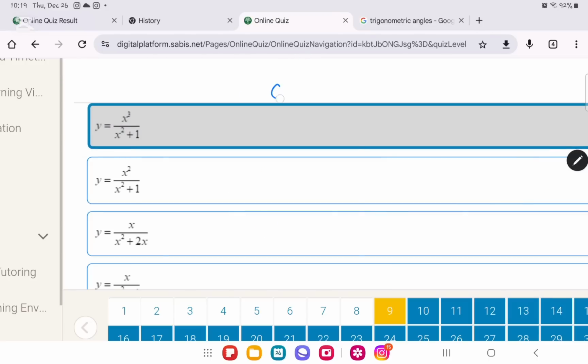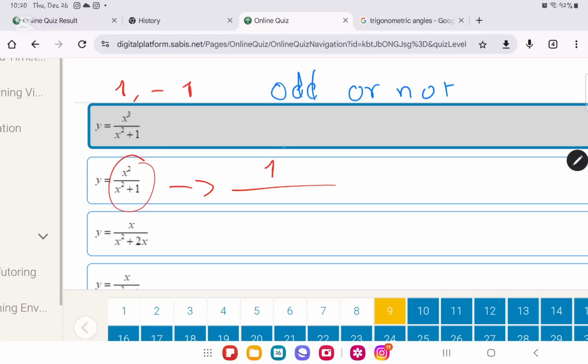Next, we're going to continue playing the game, the game of odd or not. Since we already chose 2 and minus 2, let us stick with 1 and minus 1 since it's always easier and saves a lot of time. So moving on to this one, first we substitute 1. We get 1 to the power of 2 divided by 1 to the power of 2 plus 1, which gives us 1 over 1 plus 1, which is 1 over 2.